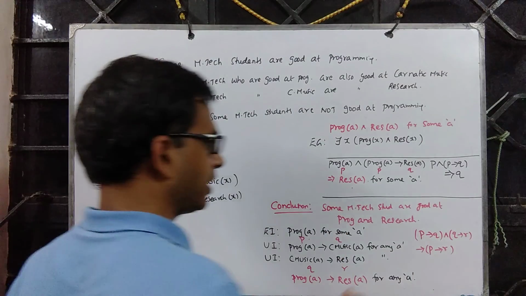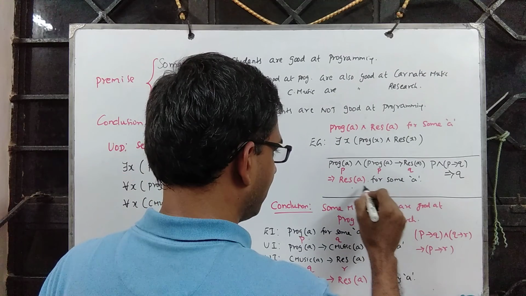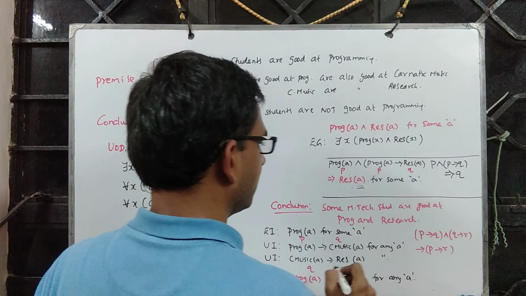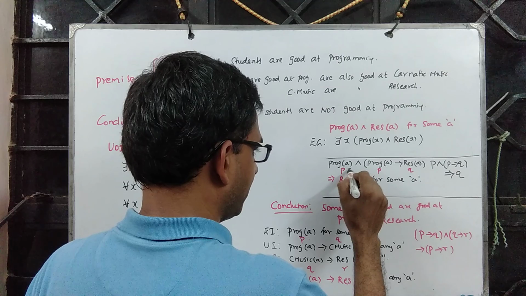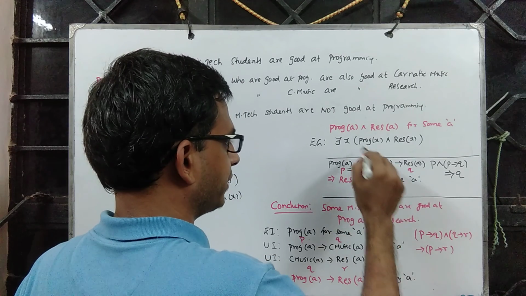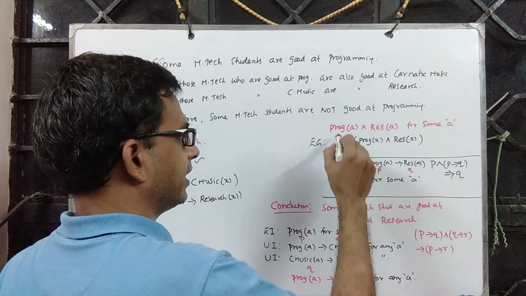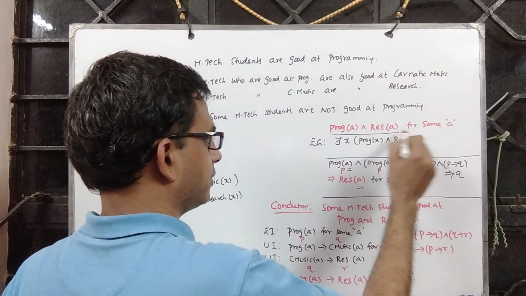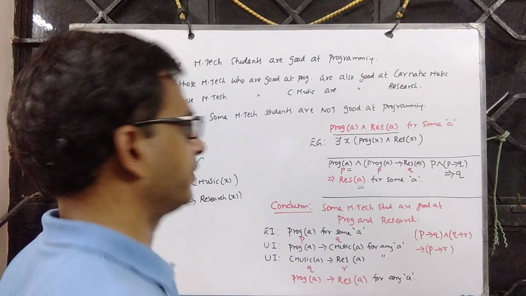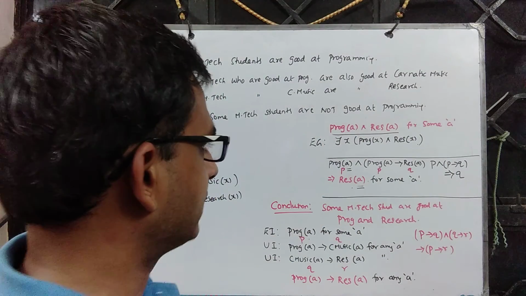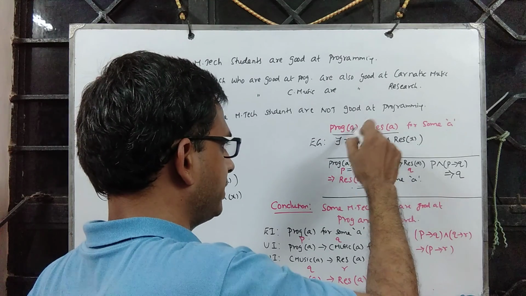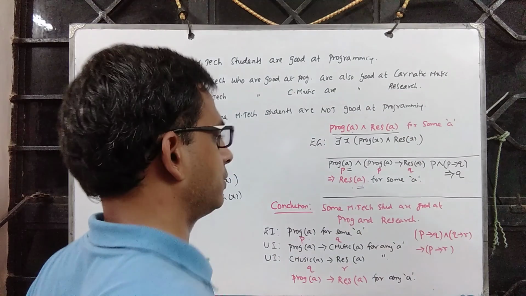Please note the A that we use here and the A that we use here are one and the same, which is why we are able to generalize this to this expression. We say for some A, the A that is used here and here, it's one and the same.